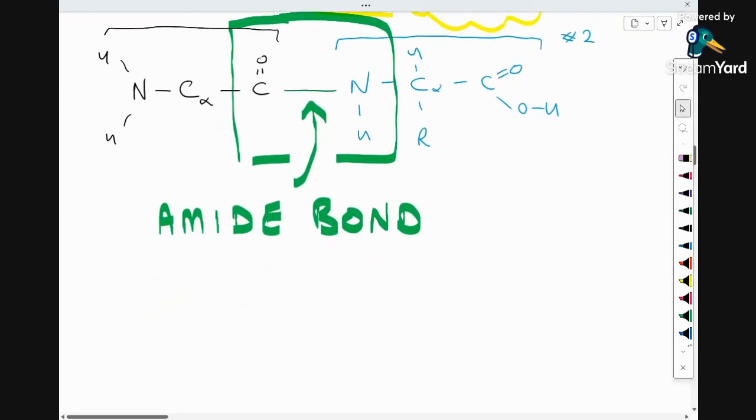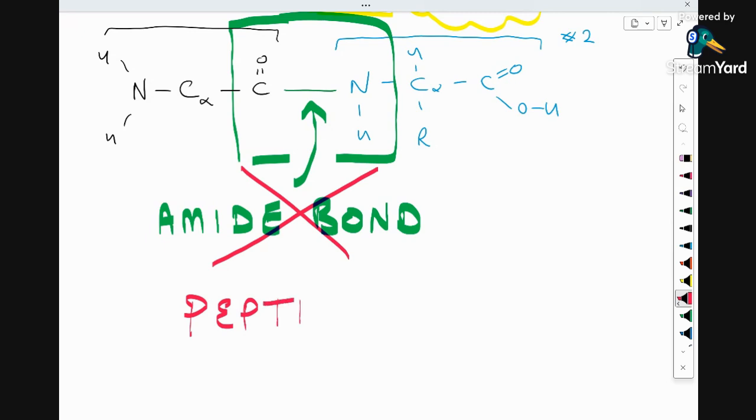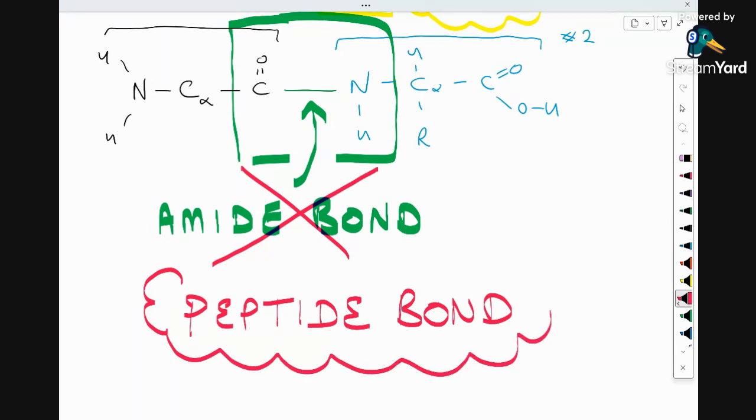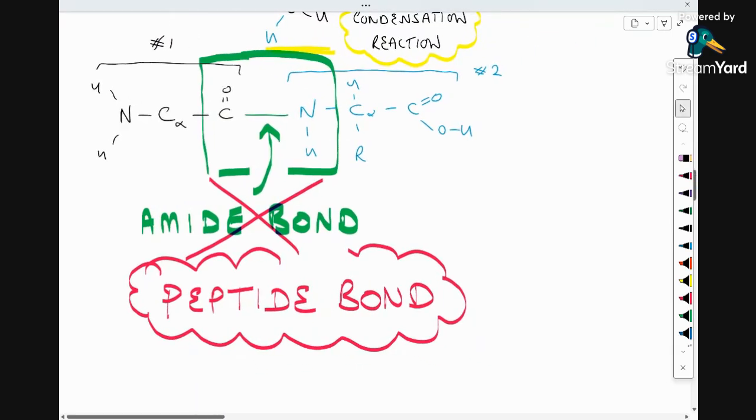However, in biology, we don't tend to call it the amide bond. We give it its own special name, kind of like a glycosidic bond for carbohydrates. We call it a peptide bond. Because actually it's really important when we form a polymer of all of these amino acids to form a protein, of course.